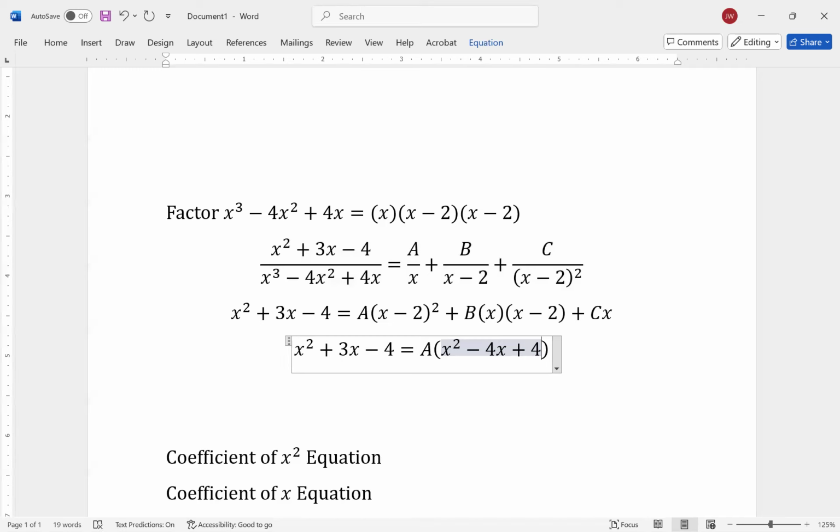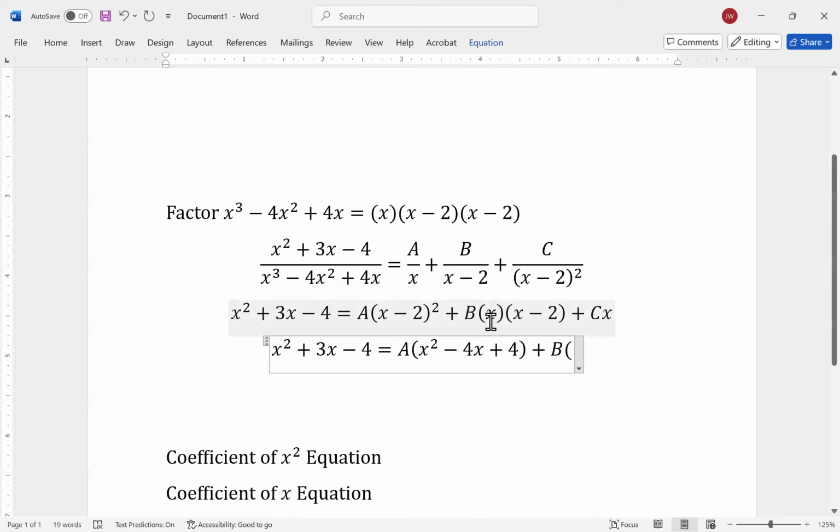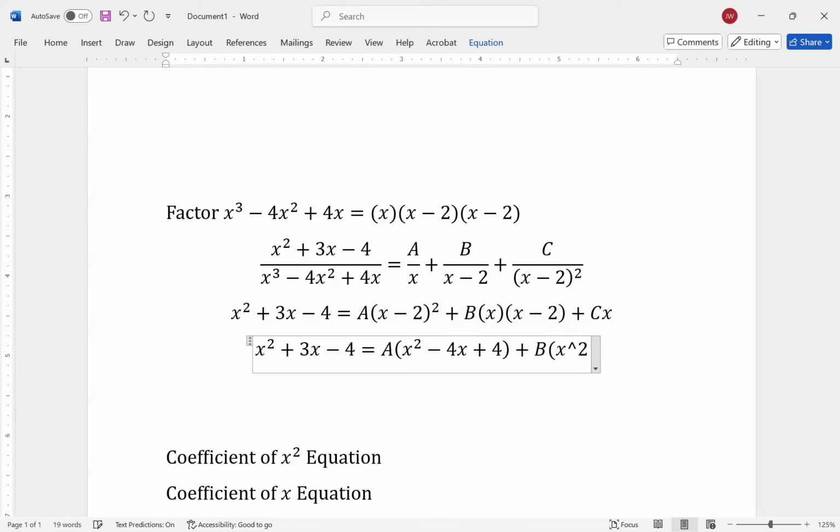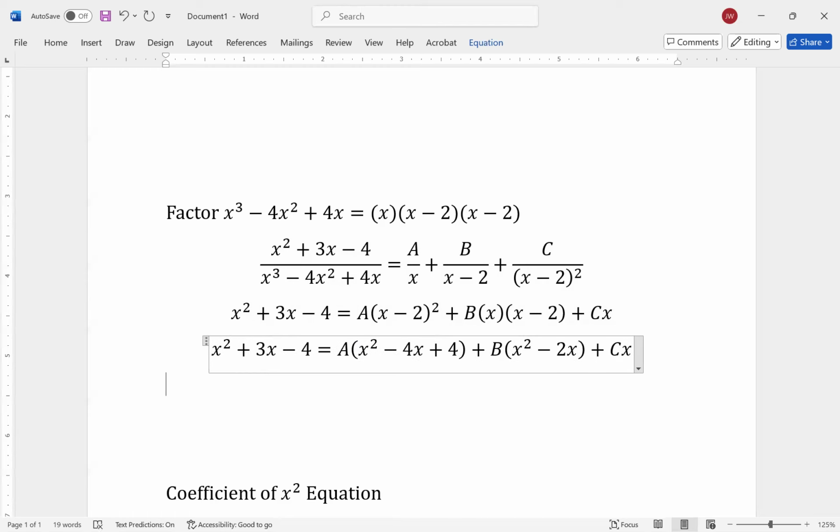When I multiply this x times x minus 2, I get B times x squared minus 2x. And then obviously plus Cx, I don't have to do anything with that.